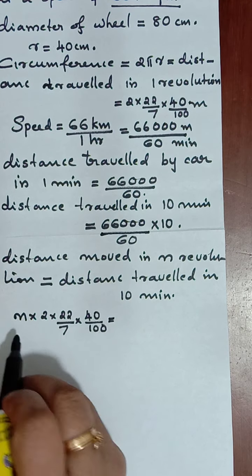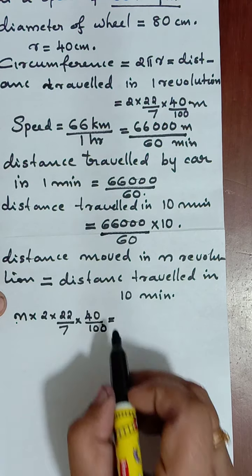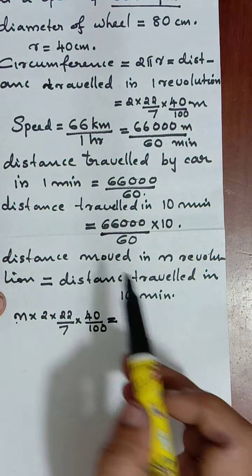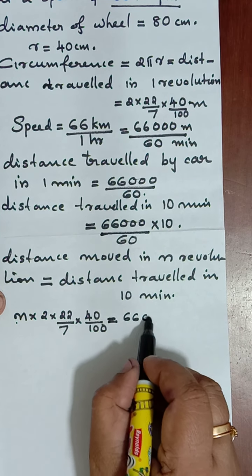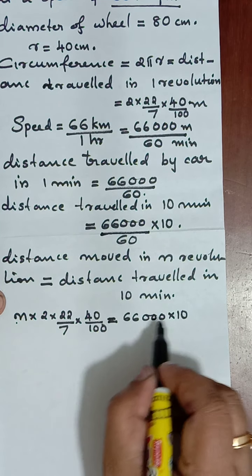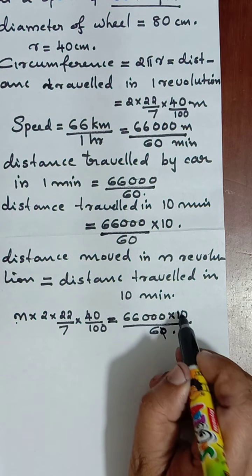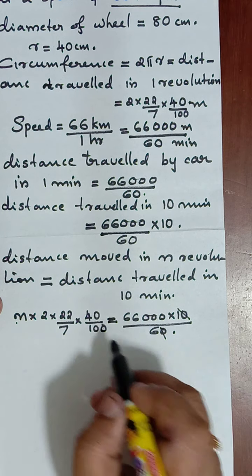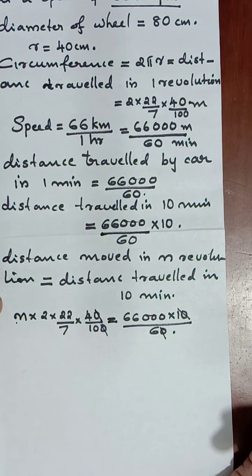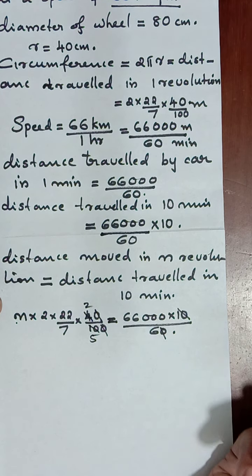That's equal to distance traveled in 10 minutes, which we have found out, 66,000 into 10 by 60. We can cancel, zeros getting cancelled, that is 10 by 10 we are cancelling. This becomes 2 times, this becomes 5 times.